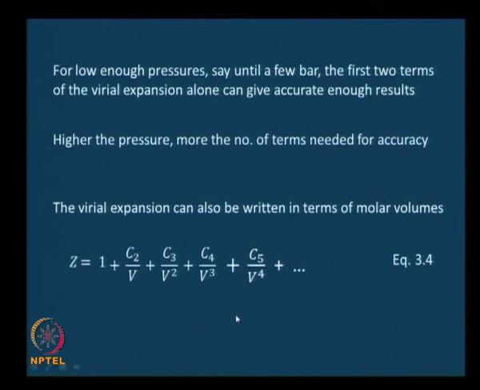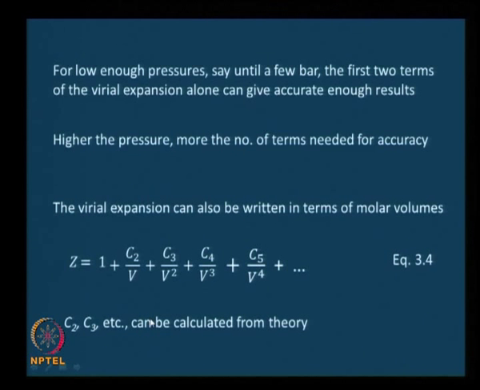This is a power series expansion in 1 by V, and we will call this equation 3.4. C2, C3 and so on can also be calculated from theory, similar to the calculation of B2, B3 and so on.